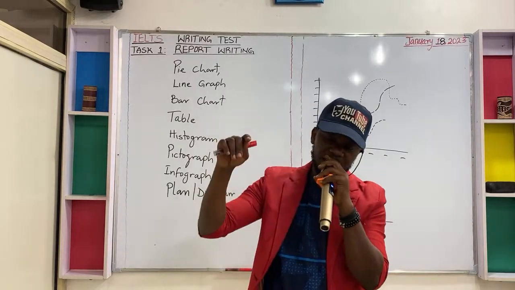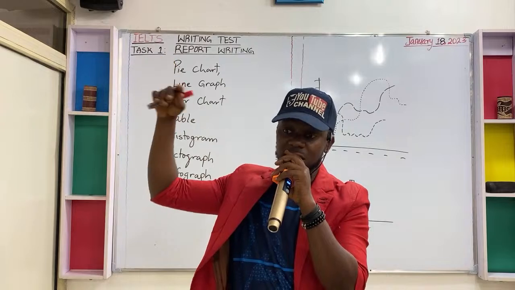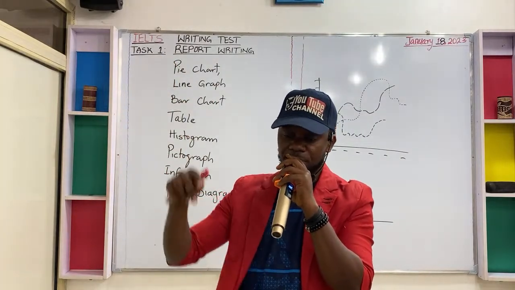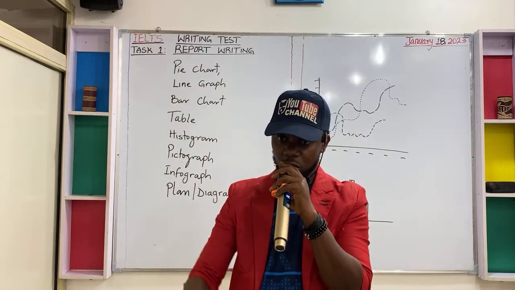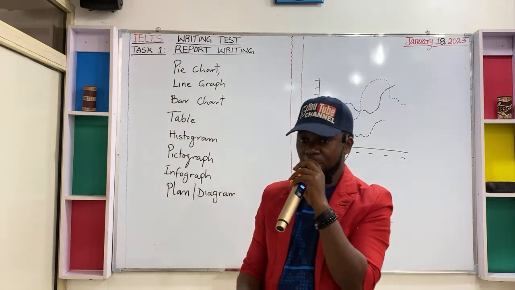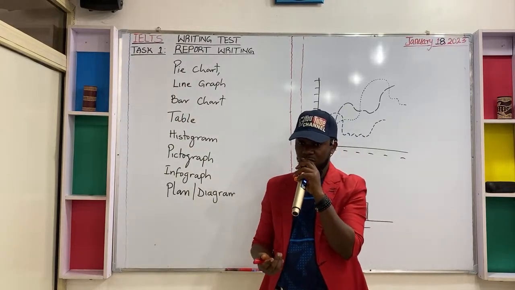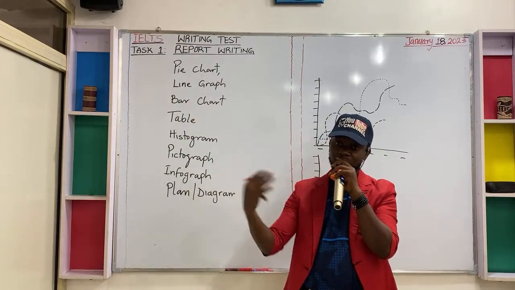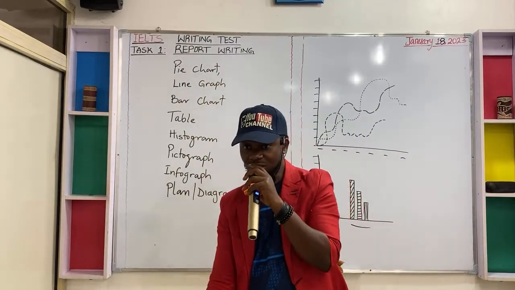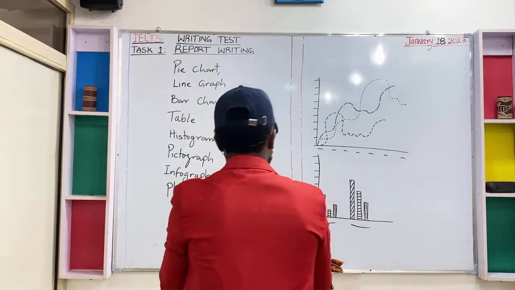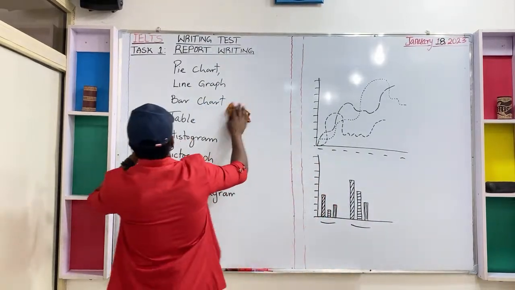Maybe that facility was built in 18 something or 17 something, but the present design is based on the current taste of what people want, right? So you're meant to now talk about what was and what is. Do we understand? So let's go further into your report writing.